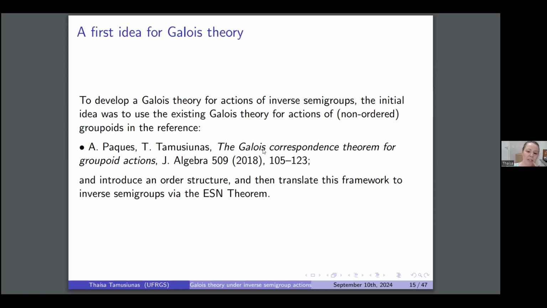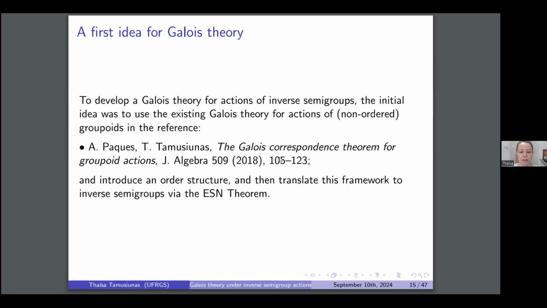The main idea of this work was the work developed by Chase, Harrison, and Rosenberg, when they have groups acting on commutative rings. The initial idea was groups acting on commutative rings. In this work, we have groupoids acting on commutative rings, but non-ordered groupoids.